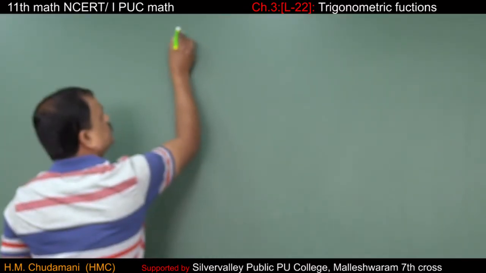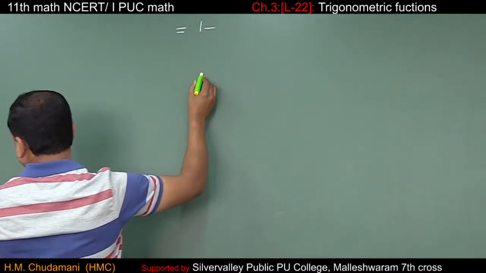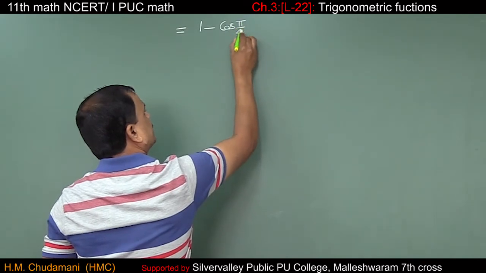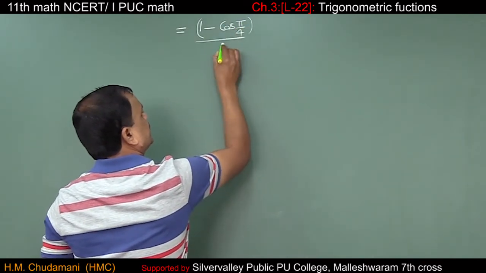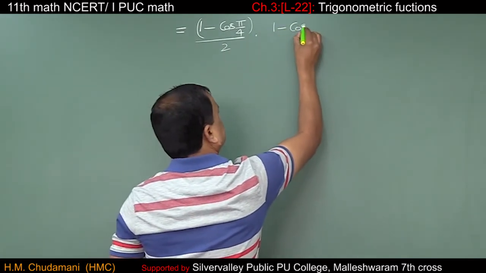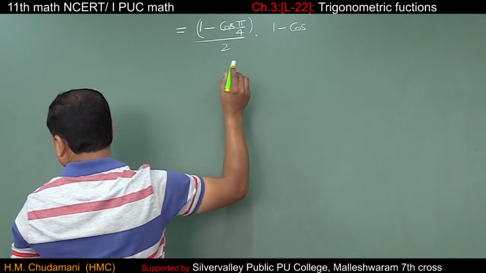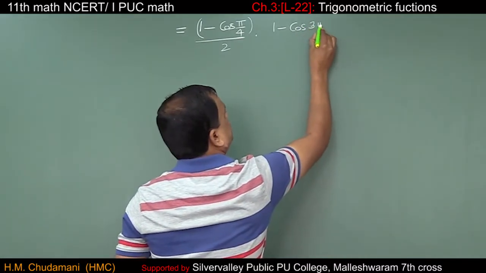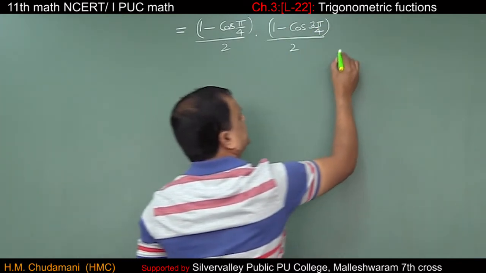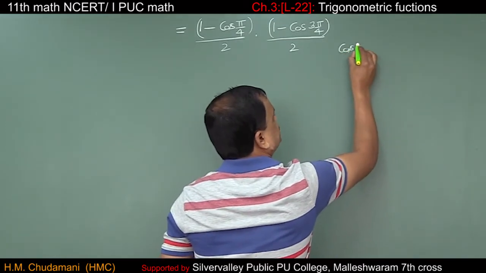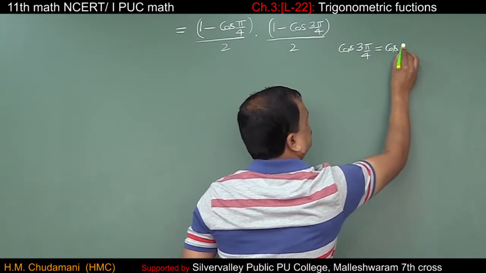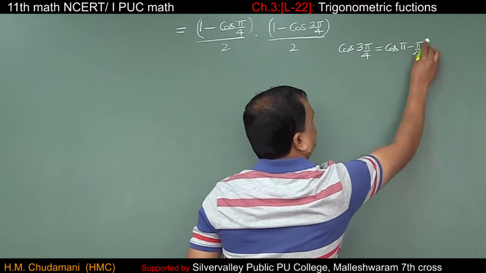That is equal to 1 minus cos pi by 4 divided by 2 into 1 minus cos 3 pi by 4 divided by 2. See this, cos 3 pi by 4 can be written as cos of pi minus pi by 4.